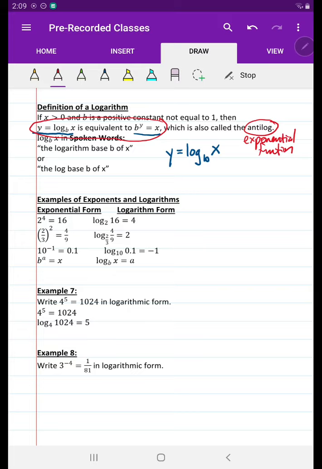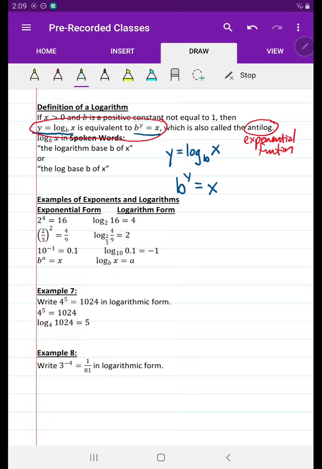So if I take y equals log base b of x and convert that to an exponential function, I have a base of b, my exponent is y, and that all equals x.